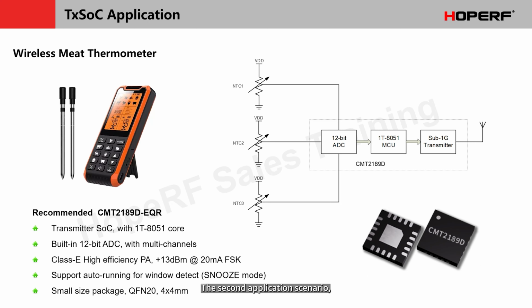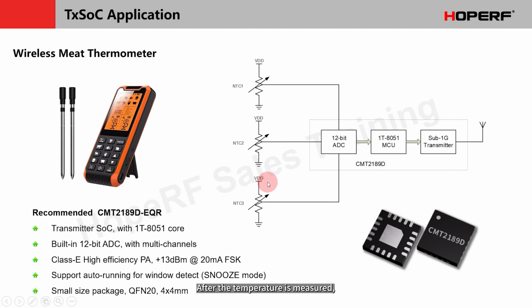The second application scenario is the ADC detection scenario mentioned earlier. CMT2189D has a multi-channel ADC, which can be used in many occasions requiring ADC for analog signal detection and acquisition. For example, temperature acquisition by ADC, and multi-point temperature acquisition scenarios, such as temperature probes. This is a temperature probe. It is a multi-point temperature measurement scenario.